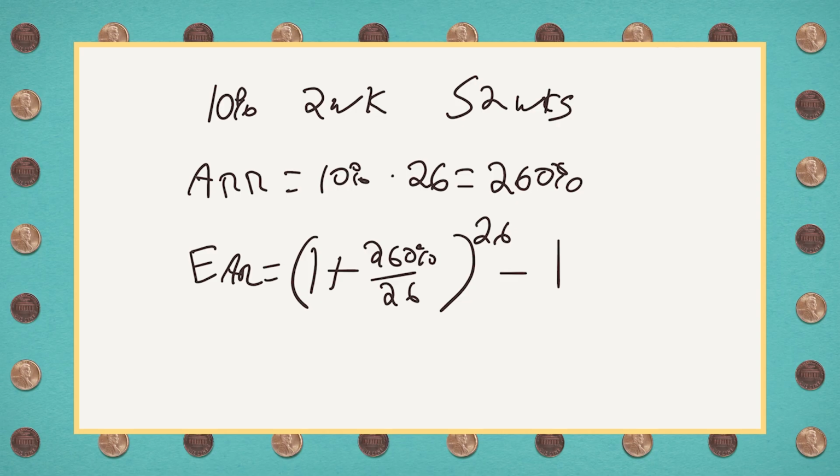Now, if we go ahead and do this math on Excel or a calculator, the answer you will find is 1,092%. Unfortunately, the people who go to payday lenders can be charged as much as 1,092%.